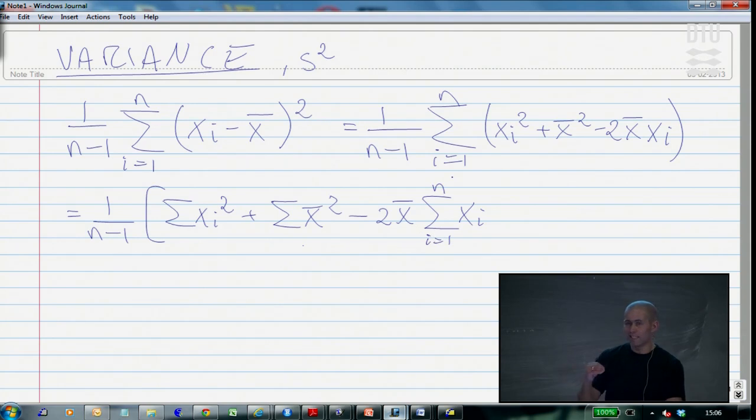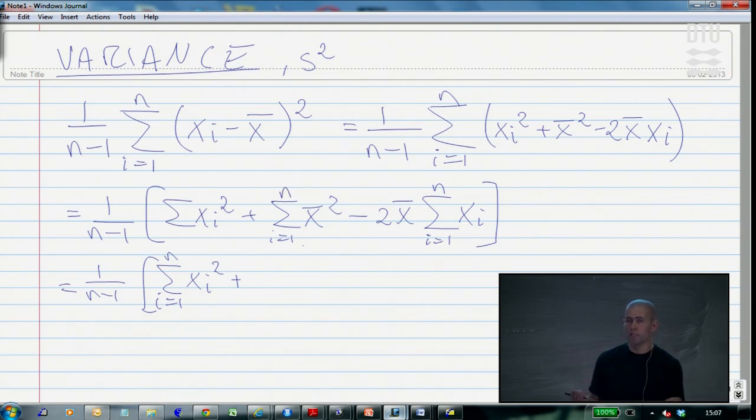I can take them outside the summation sign, basic calculus also. Now if I look at this, again, the first term does not change. Let me add this again.